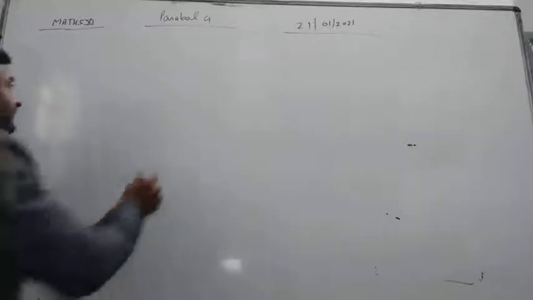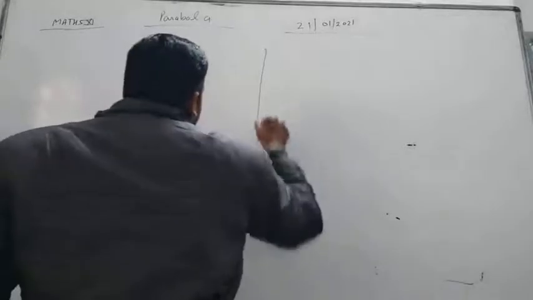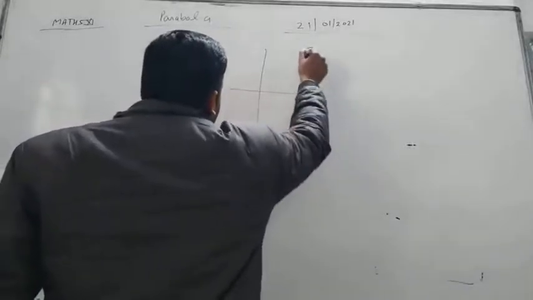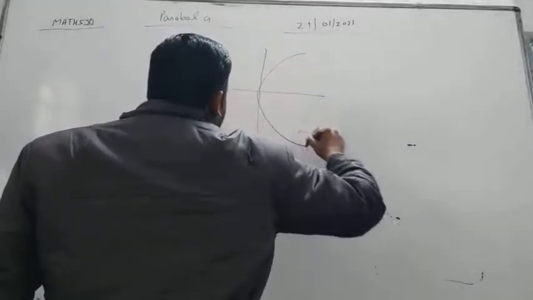Our next question is: PQ is a double ordinate of the parabola y square is 4ax, then find the locus of its point of trisection. So PQ is, we have been given, a double ordinate of the parabola.